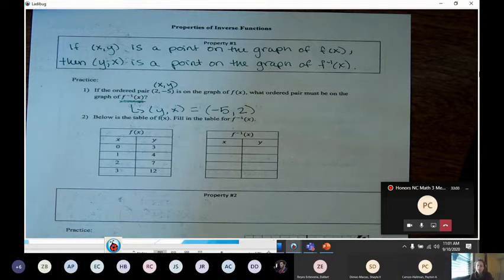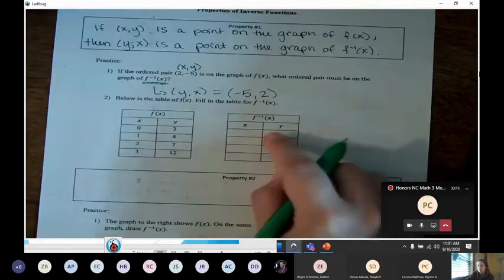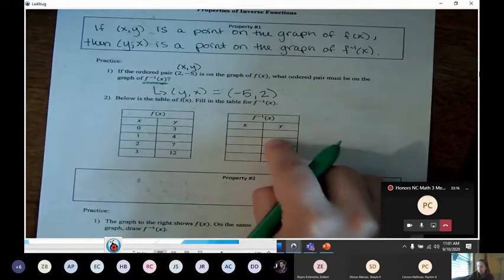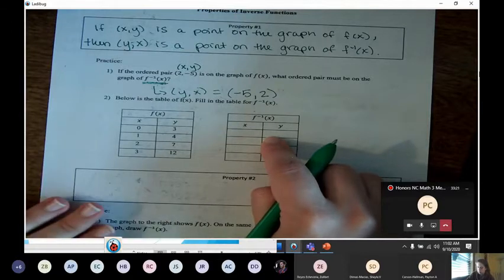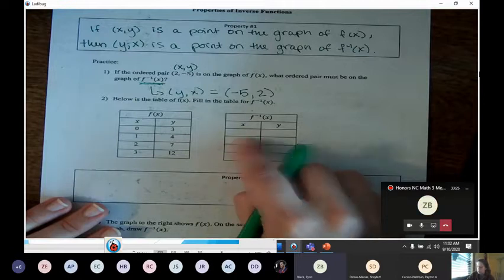Zion, are you here? Yeah. All right, so these are my f of x values, these points. It's asking for corresponding points on f inverse. So what am I going to write for this first pair? Don't we have to switch it or something? Yeah, so what's my new x going to be? 3.